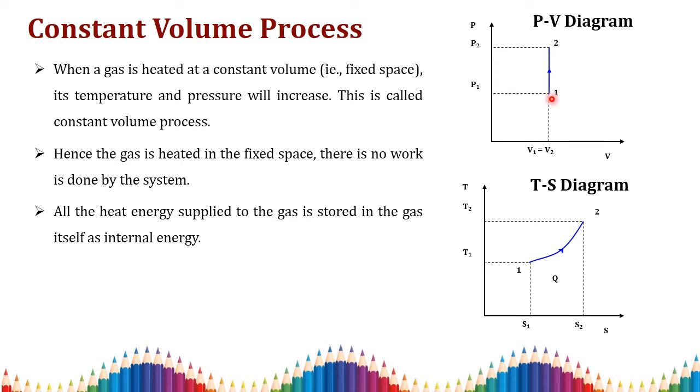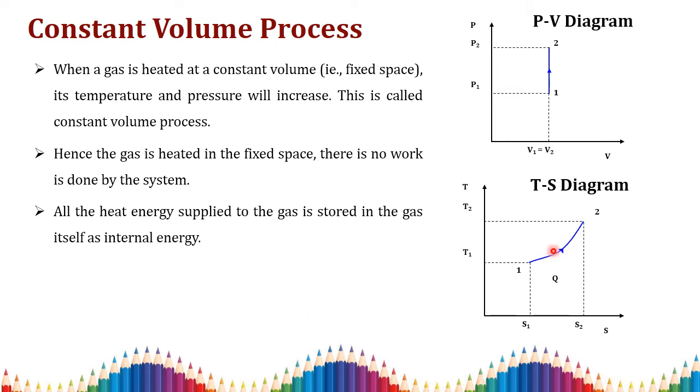From the initial state 1 to the final state 2, the initial pressure is P1 and the final pressure is P2, but there is no change in volume, so V1 is equal to V2. The temperature, initially about 40 degrees Celsius, keeps on heating and will go to around 90 or 95 degrees Celsius, for example. So the temperature keeps increasing with an increase in entropy.